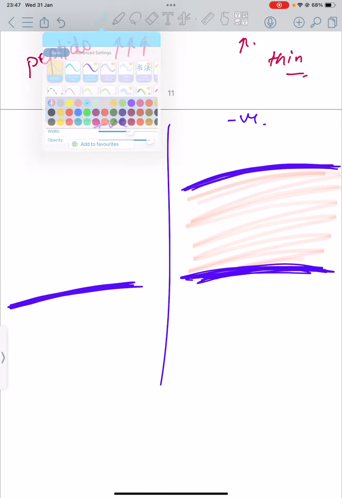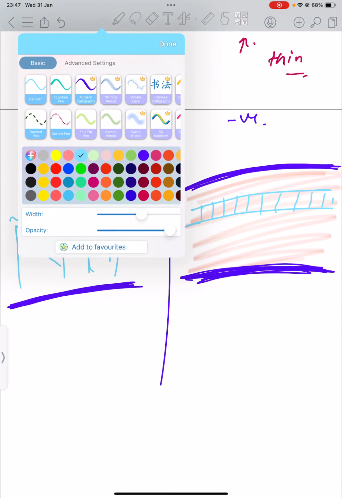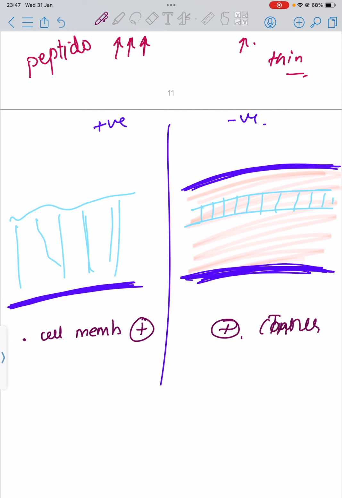This is the peptidoglycan layer in gram positive, and in case of gram negative, this is the peptidoglycan layer. So you can see the difference, and let me jot it down for you. Cell membrane, present, which is also known as inner membrane, then no periplasmic space.